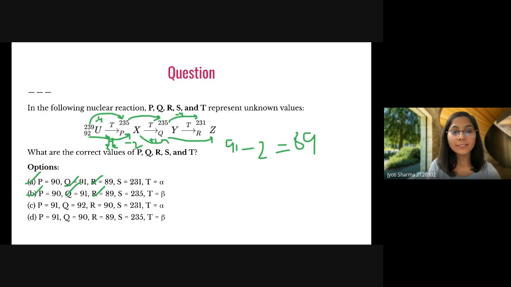Then what are the Ts? This first T was alpha, this second T was beta, and this third T was again alpha. So this is how you can tell the answer. A is the more accurate answer, so A is the right answer.